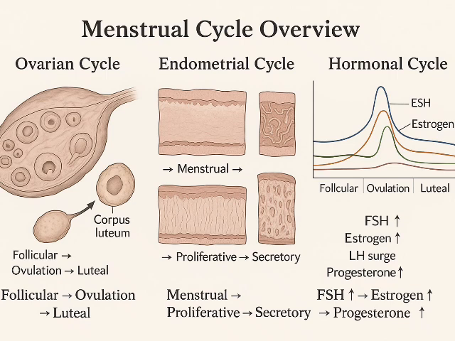There is another cycle in the endometrium. Endometrium is the lining of the uterus, the lining of the womb. The menstrual and proliferative phases are equivalent to the follicular stage in the ovary, when the endometrium is very thin after shedding and bleeding, and in the proliferative phase, the endometrium starts to increase in thickness.